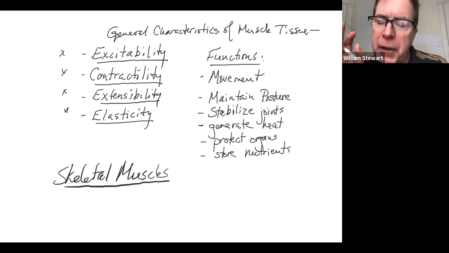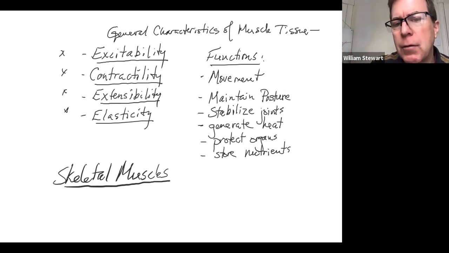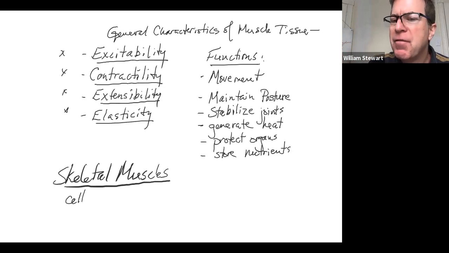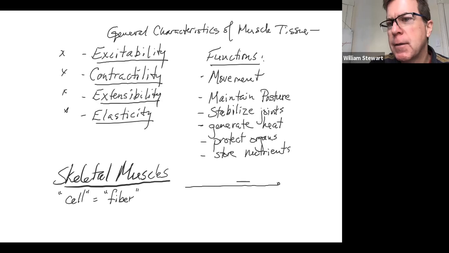First, to remind you, every muscle cell needs to have its own nerve ending or neural stimulation in order to contract. So a bit of language here. An individual skeletal muscle cell we also refer to as a fiber. The reason is because the cells are really long and cylindrical like this.